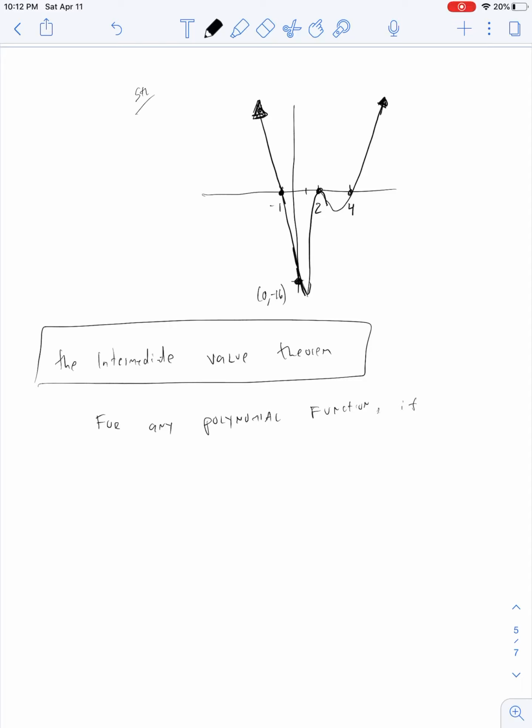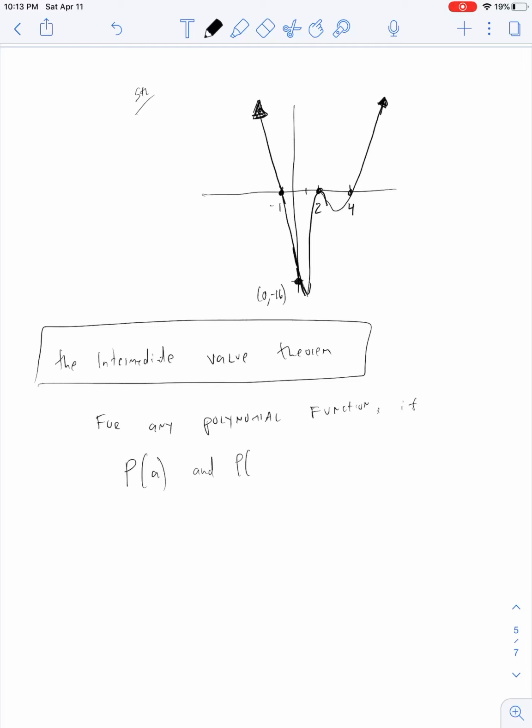So what it tells us is if we have two different inputs, right? Two different inputs into our function. And these two inputs are opposite signs, then we have a 0 between those two numbers, right?